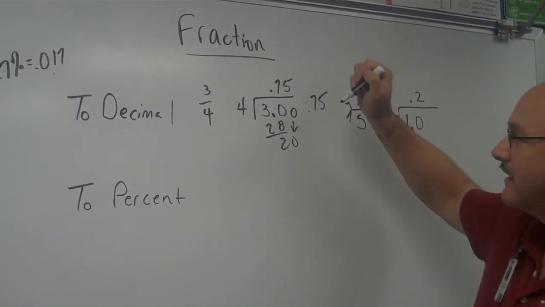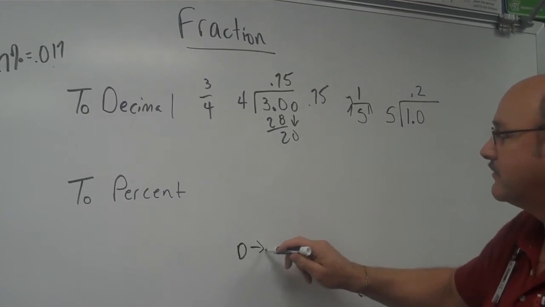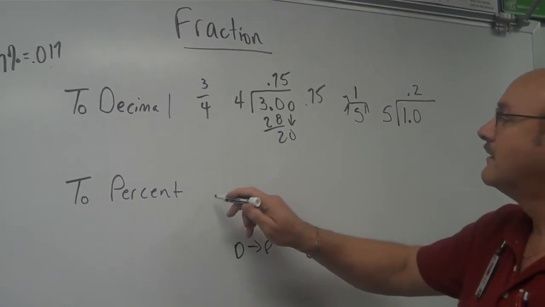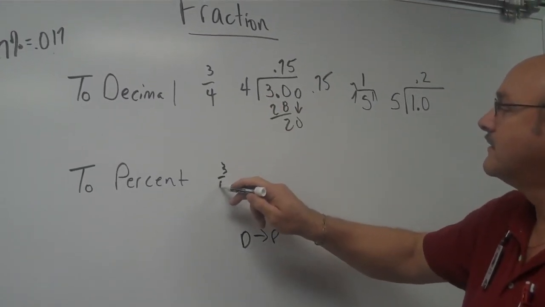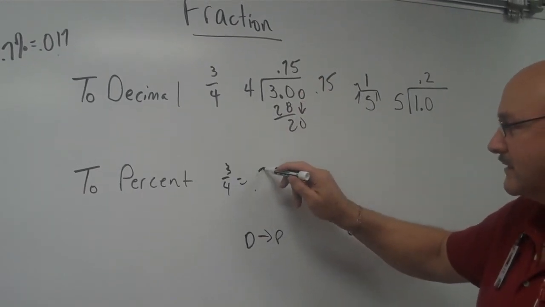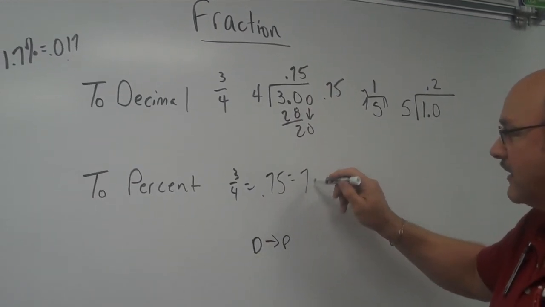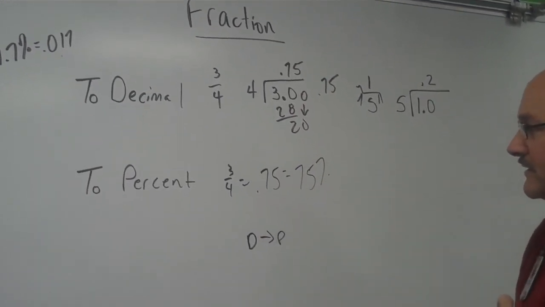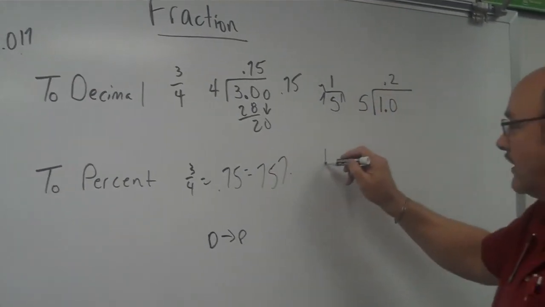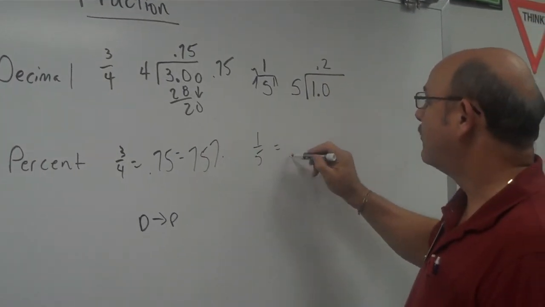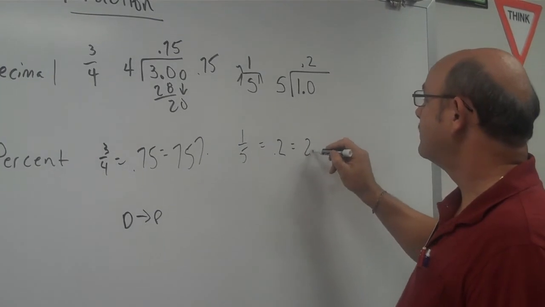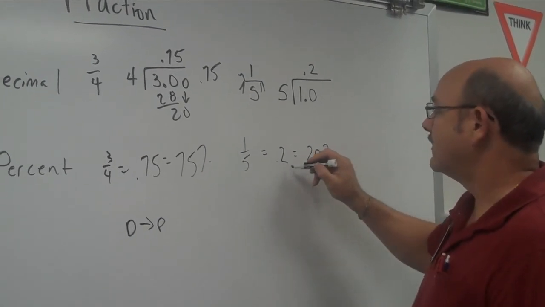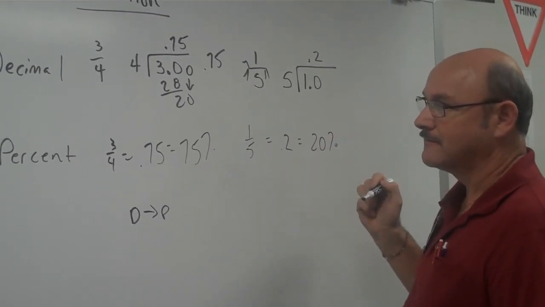And remember, from a decimal to a percent, to the right. So 3/4 becomes 0.75, which becomes 75%. 1/5 becomes 0.2, which becomes 20%, because we're moving it twice.